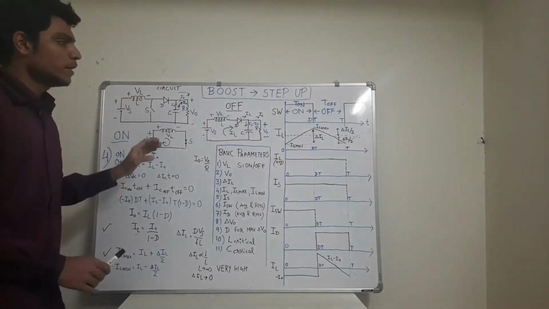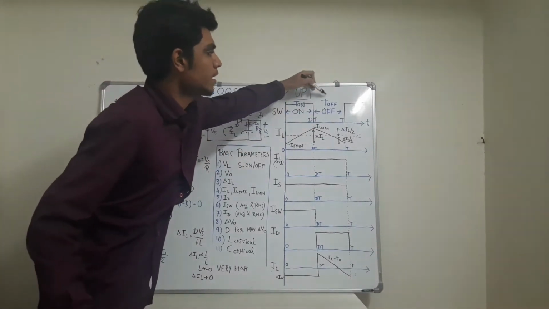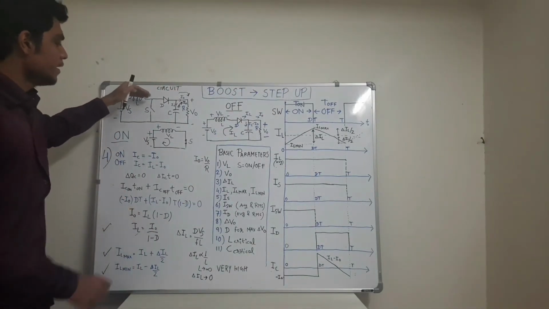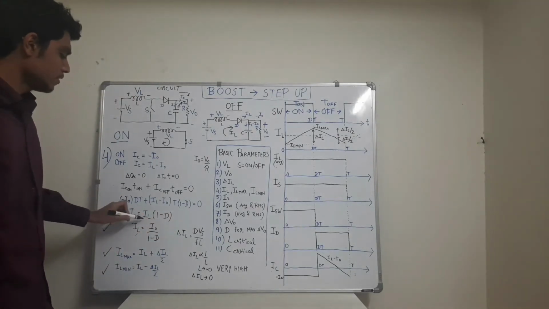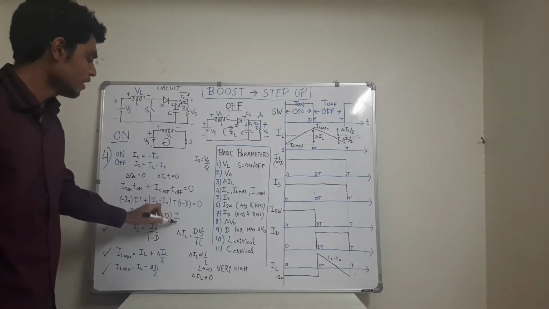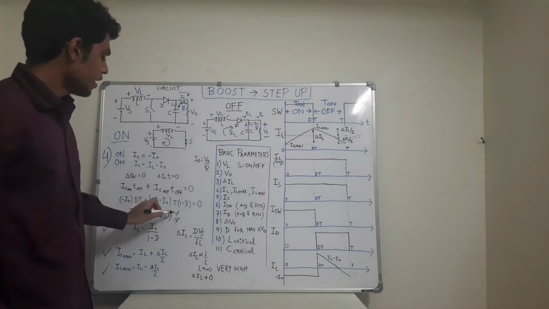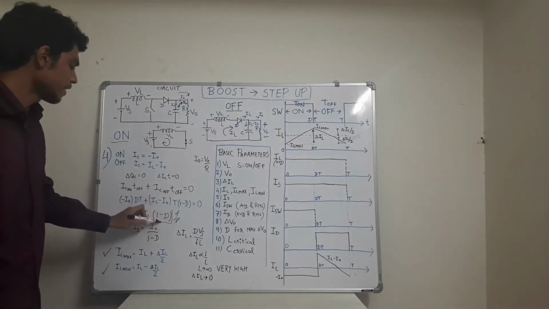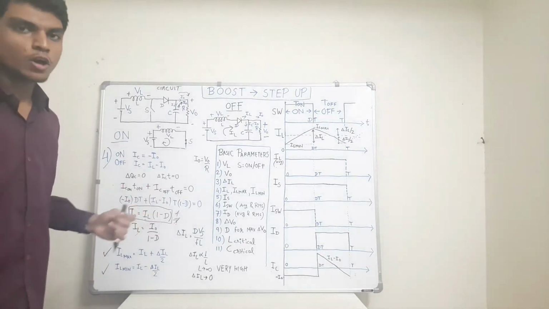So IL flows to the load only for the off time, which is proportional to 1 minus D. So we can directly get I naught equals IL into 1 minus D. If this is the average value of I naught and this is the average value of IL, then the T gets cancelled in numerator and denominator. That's why I naught average equals IL into 1 minus D times T upon T. So T gets cancelled and we can directly get this equation, I naught equals IL into 1 minus D. That is a short trick used.